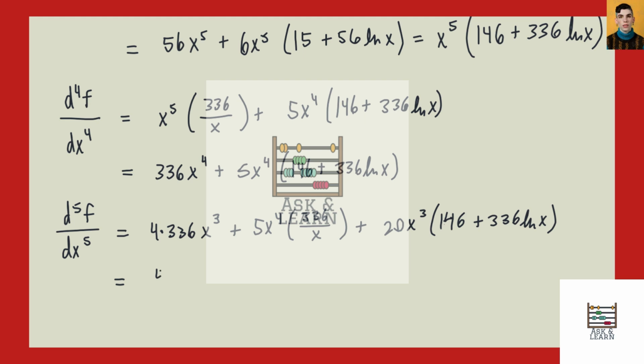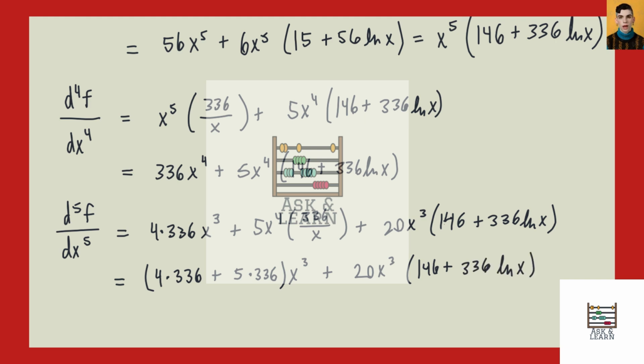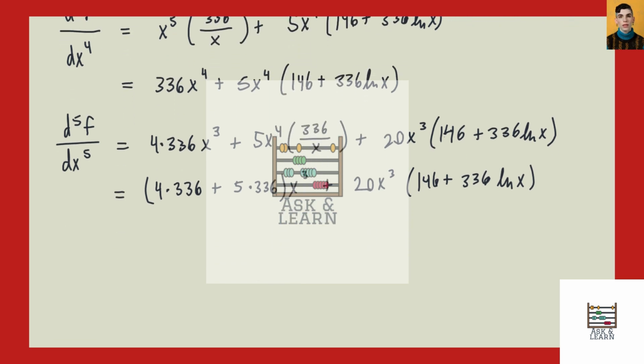So we have 4 times 336 plus 5 times 336 times x cubed plus 20x cubed times 146 plus 336 natural log x. And 4 plus 5 is 9, so this is just 9 times 336. Now let's take the sixth derivative.